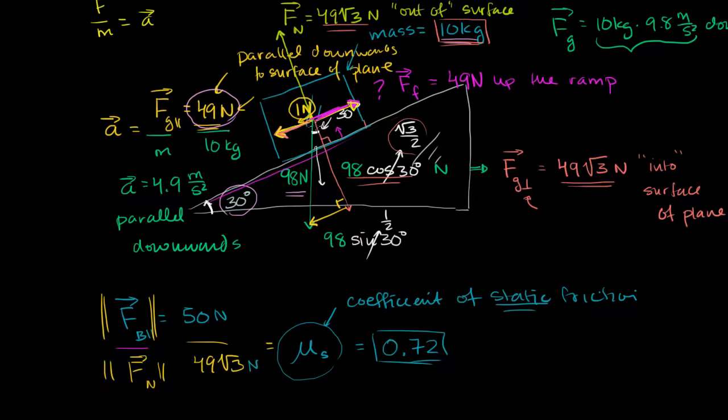Now what we said is we're going to keep applying a little bit more force until we can budge this block to start accelerating downwards. And I kept applying a little bit more force until I got to 1 Newton, and then the block started to budge. So at that point when it started to budge, I'm applying this 1 Newton over here.